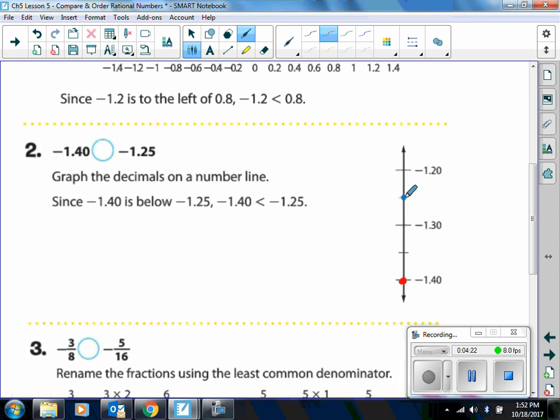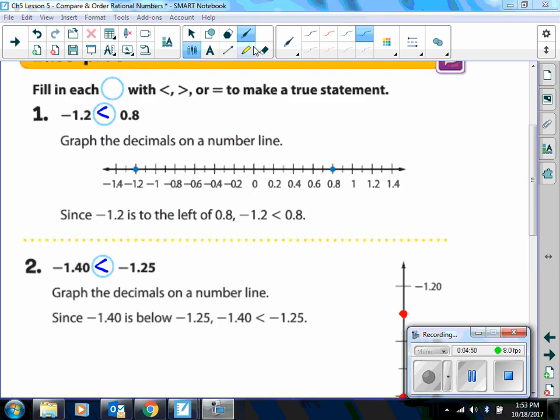And then right here is negative 1 and 25/100. On a vertical number line, of course, the lower the number is, the further down on the number line, that's the lower the value. The higher it is on the number line, the higher the value, right? So, what symbol goes in here? That's going to be a less than. Very good.